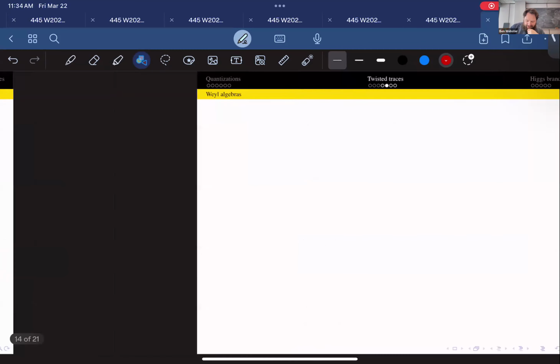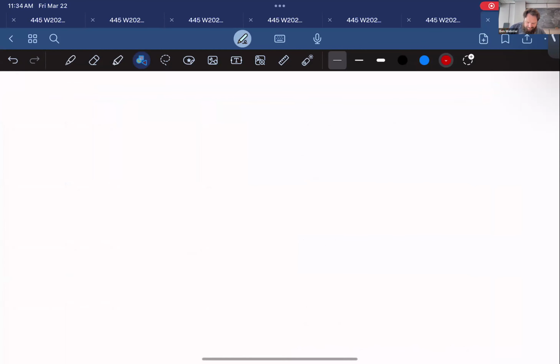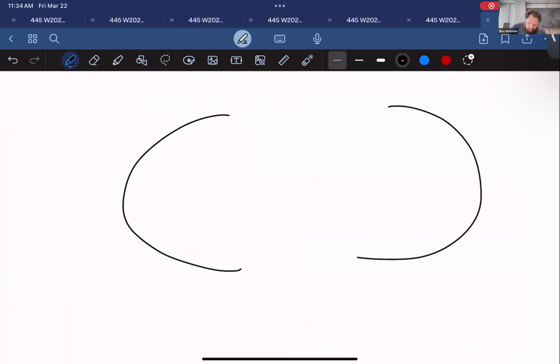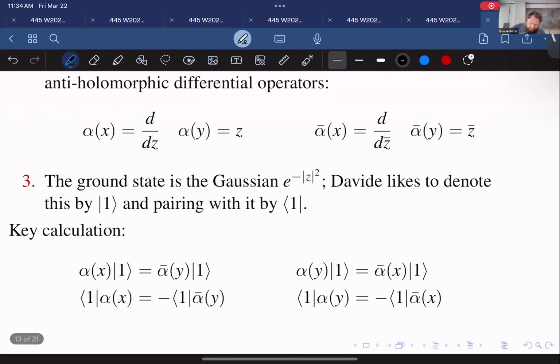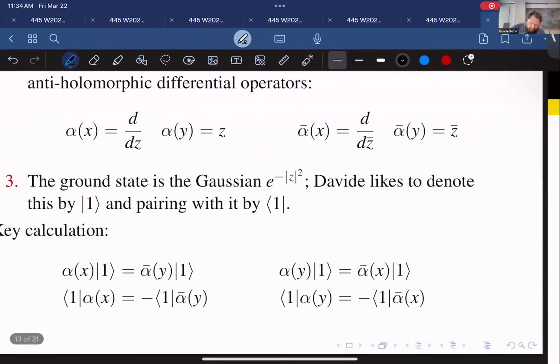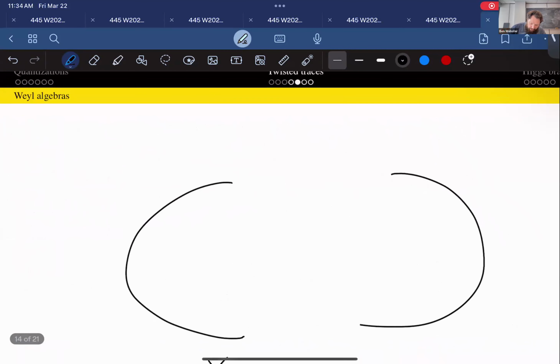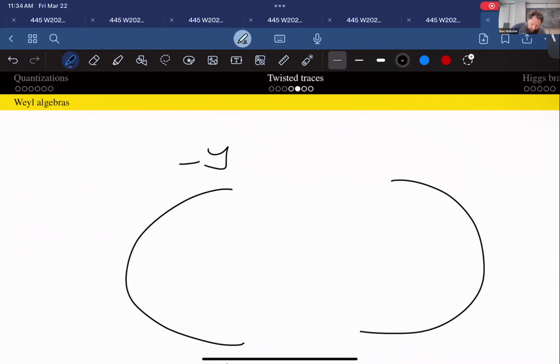And so what this is telling you, I left myself a lot of space to hang myself here, is that when I have these two U-bends, I want to act by holomorphic operators at the bottom. So if I put X here, then that's the same as putting minus Y here.